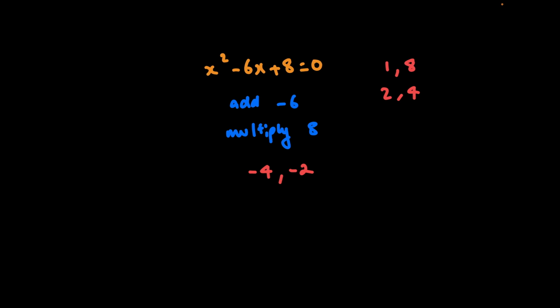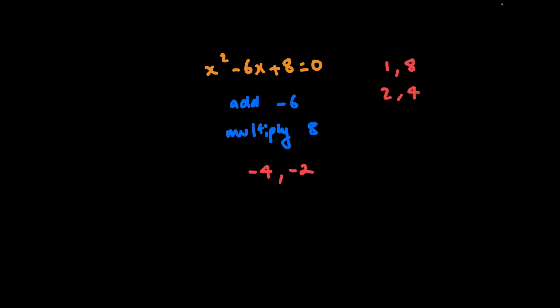But I can recognize that 2 plus 4 is equal to 6. But let's say this number instead was equal to positive 6. We can say that minus 2 and minus 4 equal minus 6, but then 2 plus 4 is equal to positive 6. But anyways, we found our two numbers.